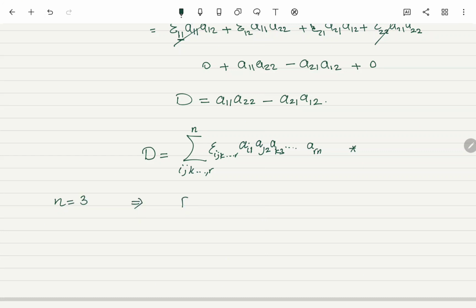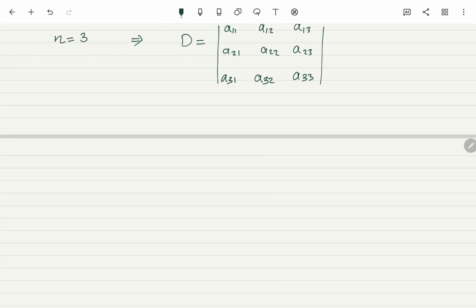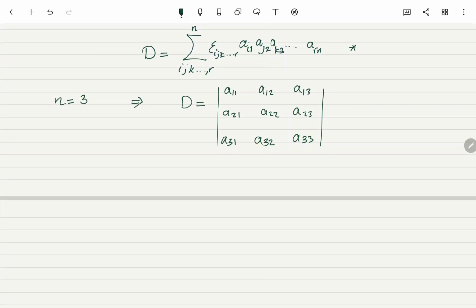Therefore, the determinant is equal to A11, A12, A13, A21, A22, A23, A31, A32, A33. Now to find the magnitude of the determinant, let's use this equation right here.